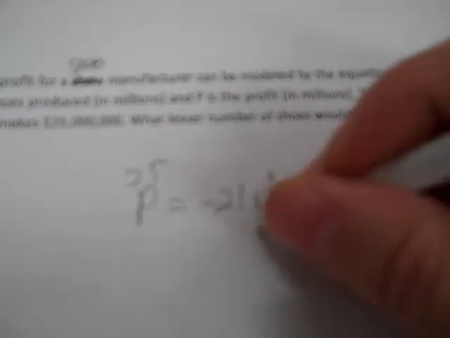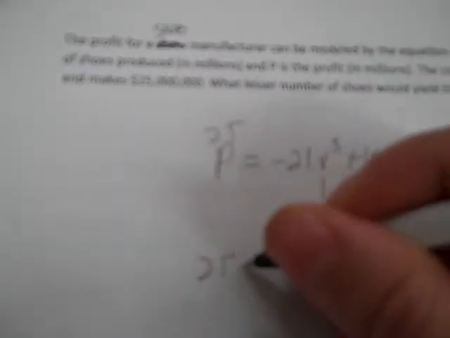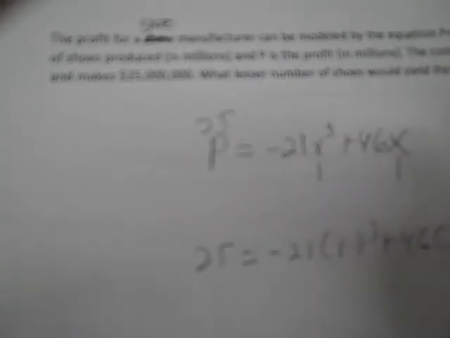So you're going to put 25 in for P, and then 1 in for the X's, because we want to make sure that that actually is legit. What if it's not? Well, probably is, okay? If it's not, you just say problem not right. Yeah, it is, okay?